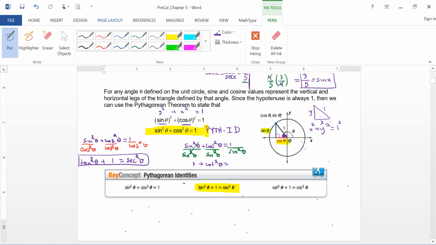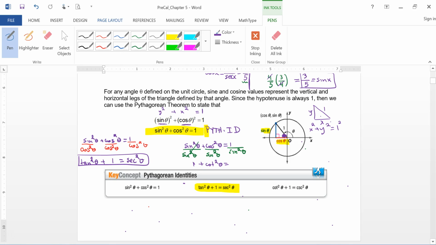So if I have a negative angle with the sine, what happens to the sine? It becomes negative. So you put a negative out front here. So make the angle negative.